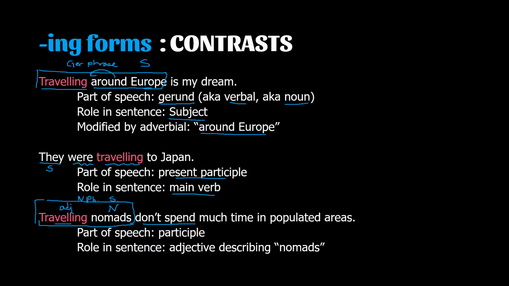So can you choose an ing form and try to use it as a gerund in subject position, try to use it as the continuous, and try to use it as the adjectival format? So for example, dancing is fun. Here it is as a subject. I was dancing all night.